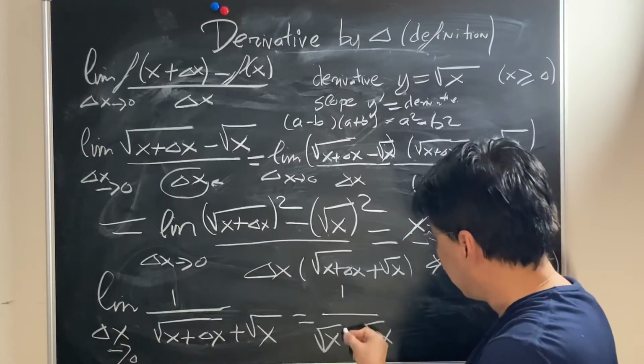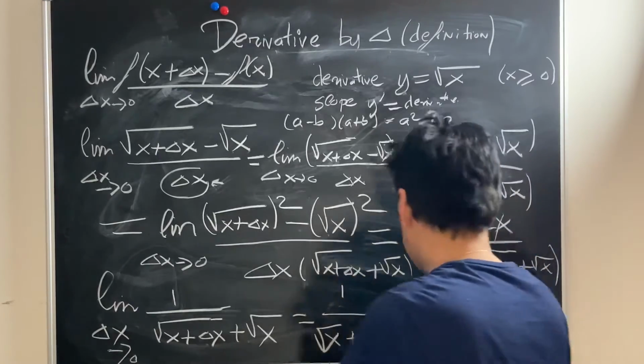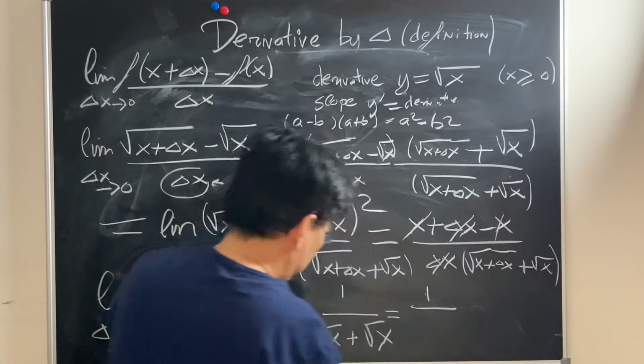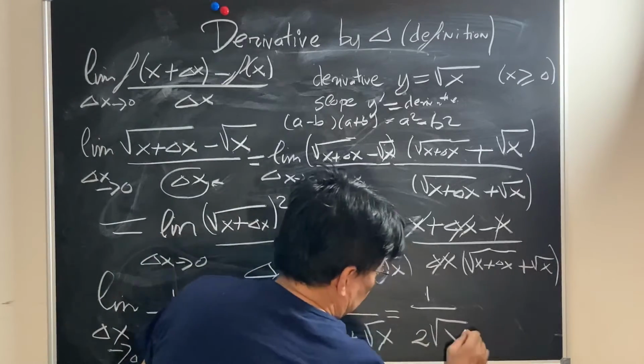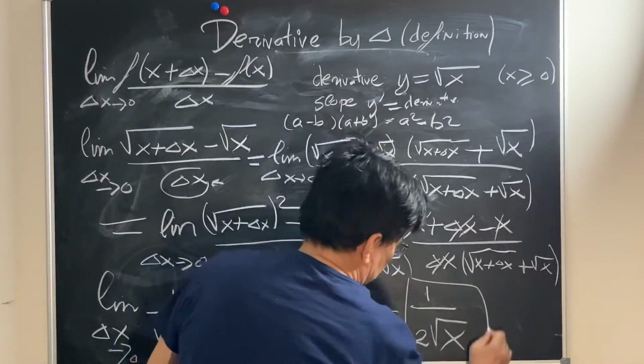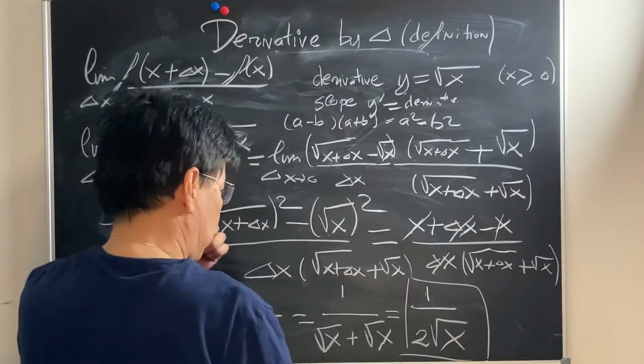Okay, so square root x plus square root x is 2 square root x. So the final answer is 1 over 2 square root x.